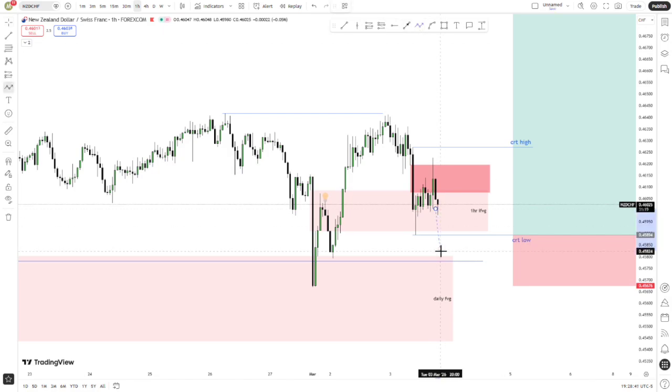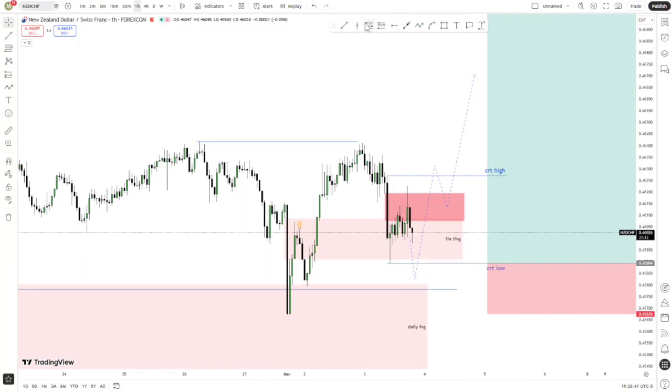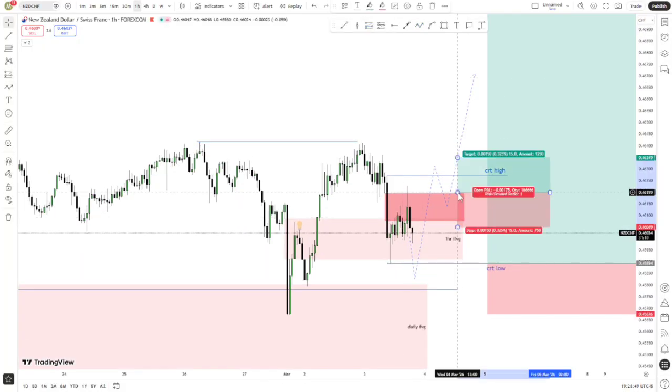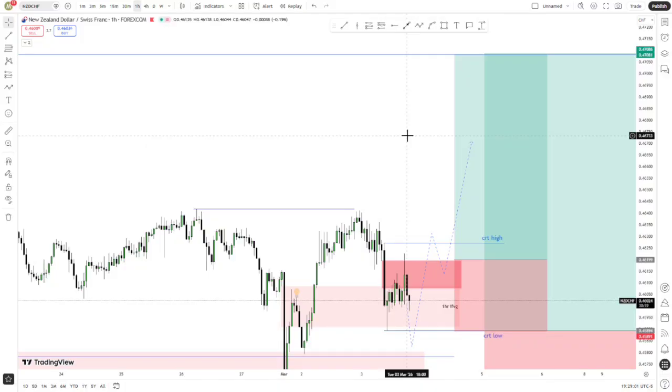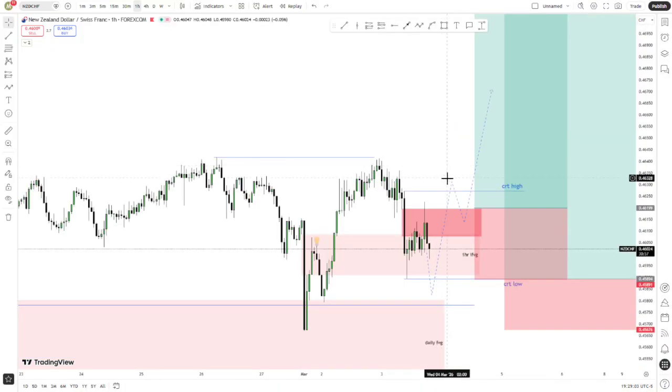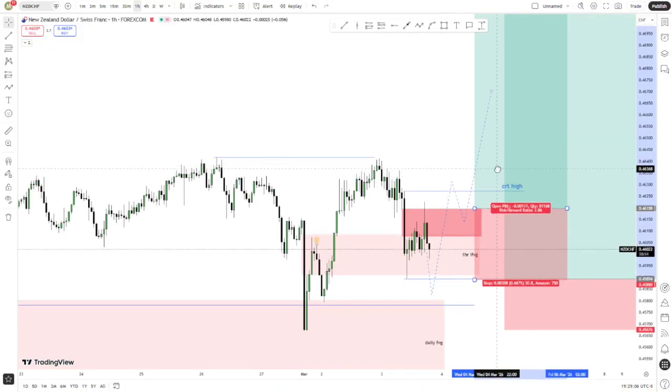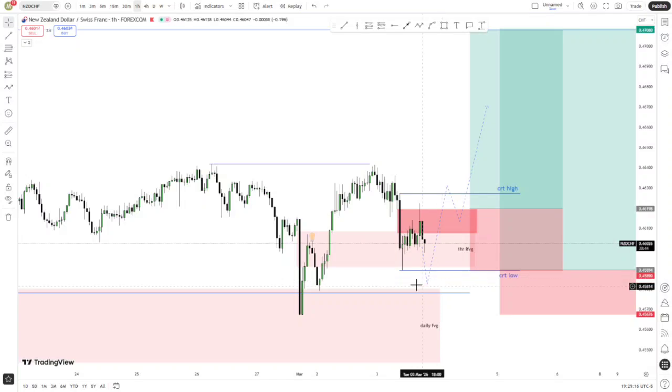Once price sweeps this and breaks above here, I'll stack a second entry. That means I will have a second entry above here, taking my stop maybe around here, and I'm going to target this high. So potentially I'm looking for 2 trades on this pair. So that's a breakdown for this trade. Let's see how it plays out.